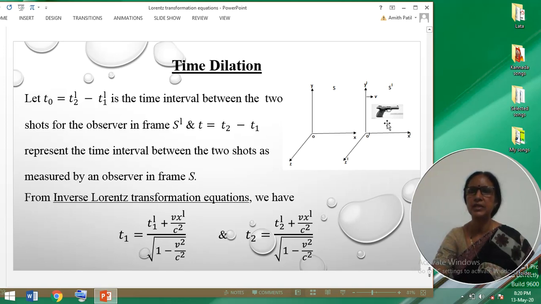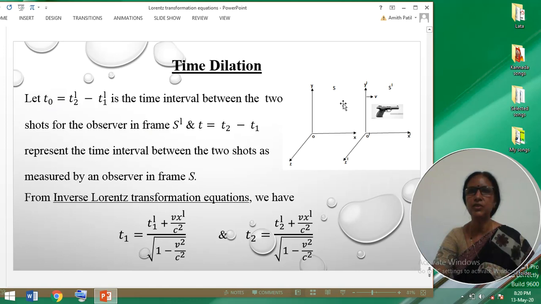Let t1' and t2' be the times at which the gun fires two shots with reference to frame S'. Then the time interval between two shots is given as t0 is equal to t2' minus t1'.